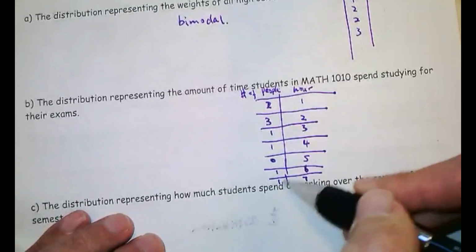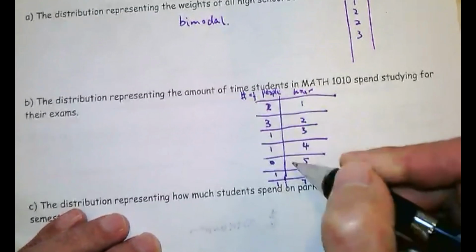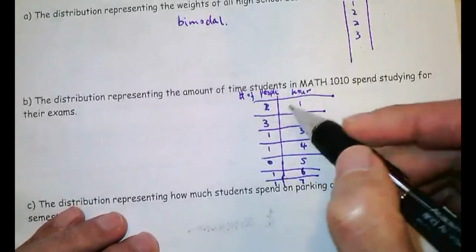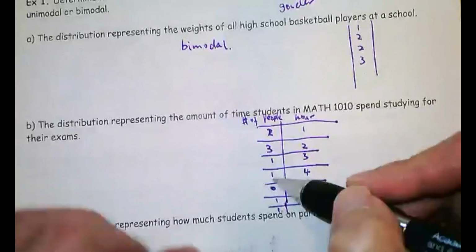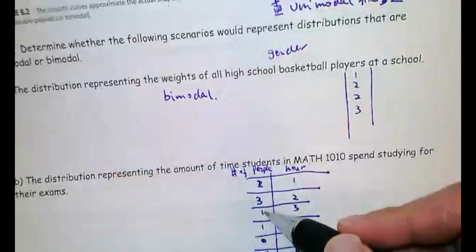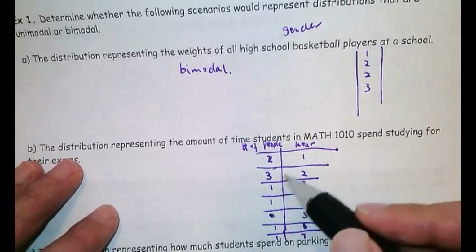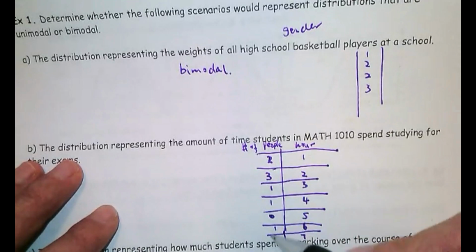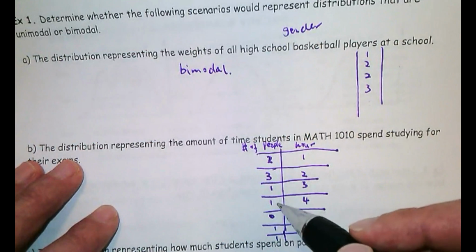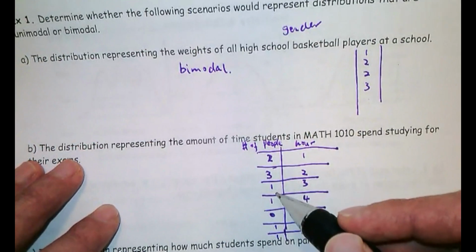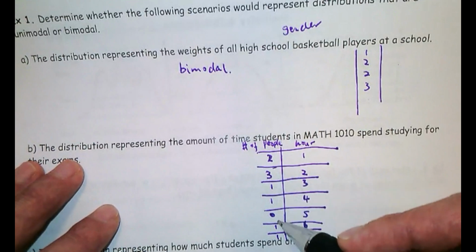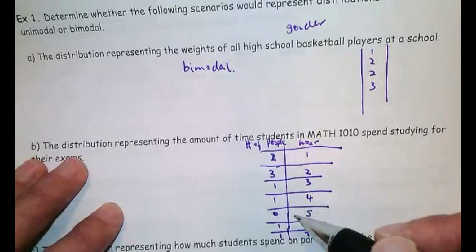So once we make a table like this, I know my table does not look nice, but it's pretty sufficient. If we convert this into a graph, do we have a single peak or double peak? Anyone can voice their opinion. Okay, anybody want to voice their opinion? Double peak.